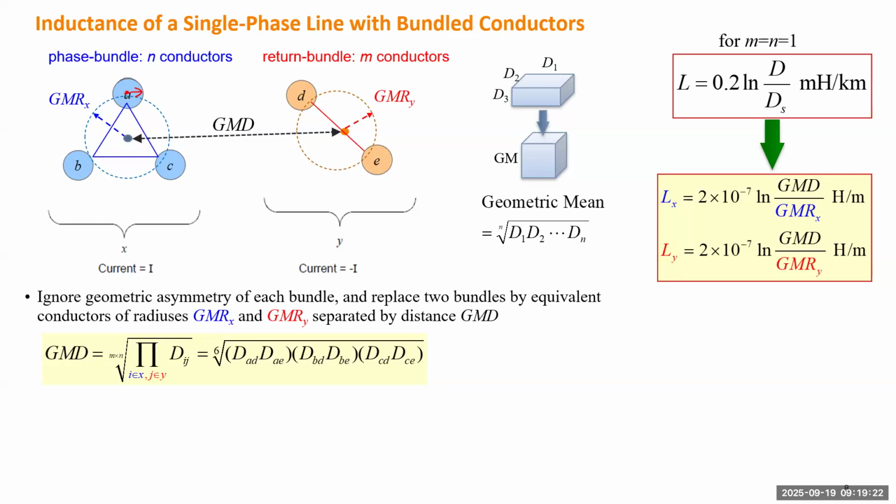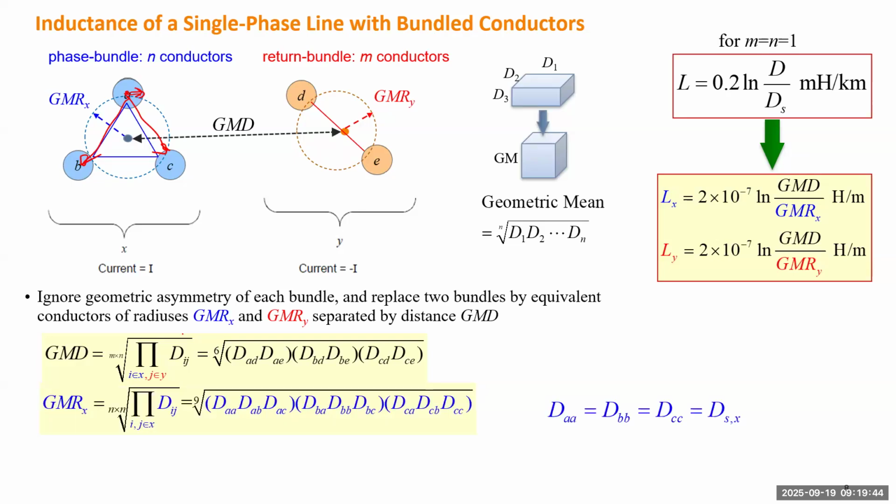So we count the radius of A, and the distance to B, and the distance to C. So there are 3 distances we need to consider for just conductor A. Then we change to conductor B and conductor C. So finally, we have 9 distances in the first group, which is this one. For each conductor, we need to consider 3 distances. When we calculate the product of 9 elements and take their root, that will be the GMR.